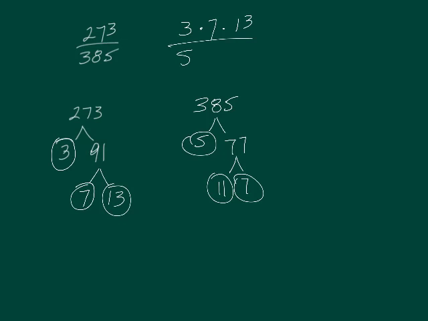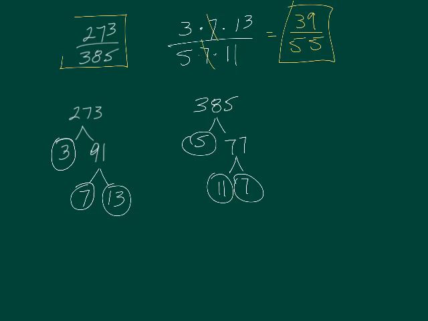So 5 times 7 times 11. Okay, so we can cancel that 7 and that 7 there. And that gives me for an answer 39 over 55. So this is the reduced of 273 over 385.